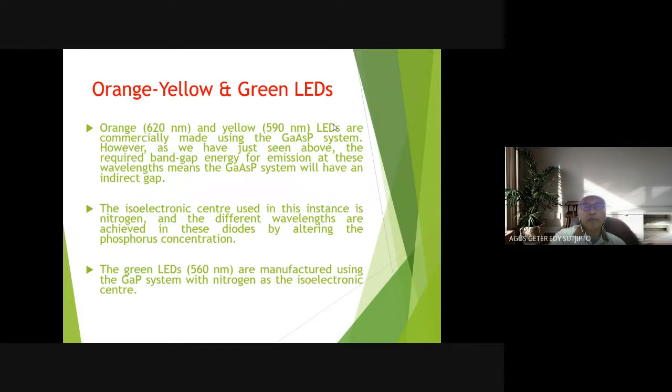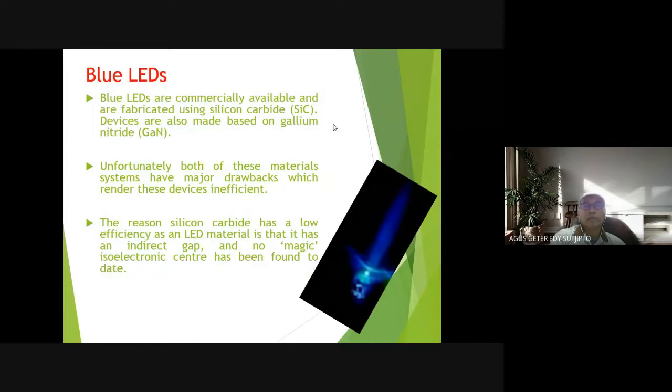So this is a combination of the orange, yellow and green LED, using the gallium arsenide phosphide. Blue LED is based on silicon carbide and gallium nitride.